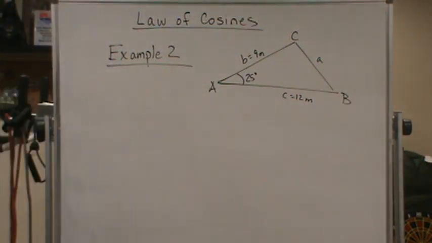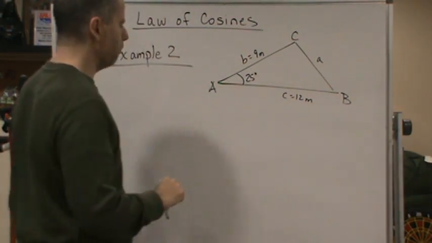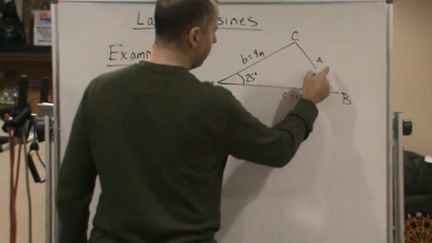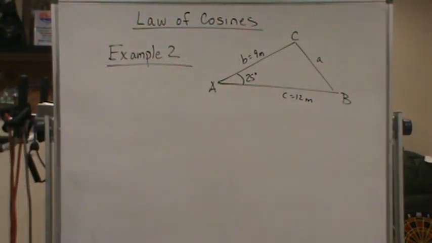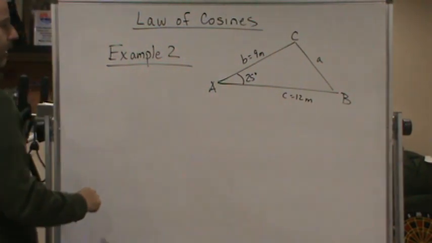Okay, so here's what we do. Now, in this case we've got side angle side, so we've got the included angle, and so we're going to use the standard form to find A, this side over here. So we'll do that first, okay?